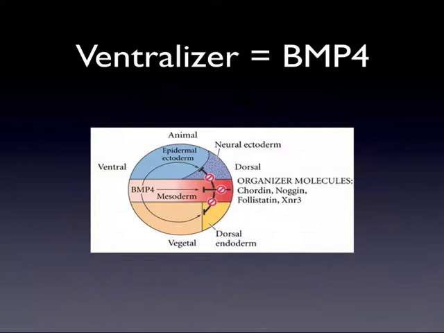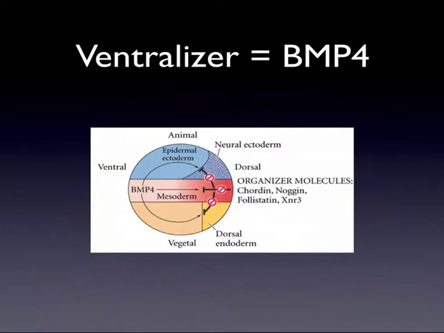Just remember that it's BMP. BMP, which is a member of the TGF beta superfamily, is the mesodermal signal that is actually a ventralizing signal. So it's not just mesoderm, it's being expressed in that mesoderm, but it is a ventralizer.